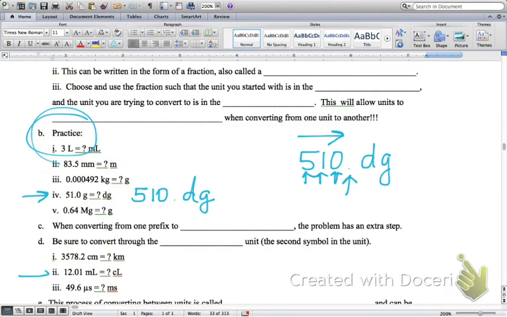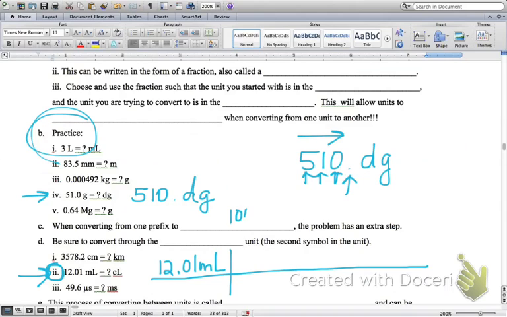Problems down here under Part D are going to be very similar, except they are going to be 2-step problems instead of 1-step problems. So for example, if I were to look at number 2 right here, I would do 12.01 milliliters. I do need to convert through the base unit.